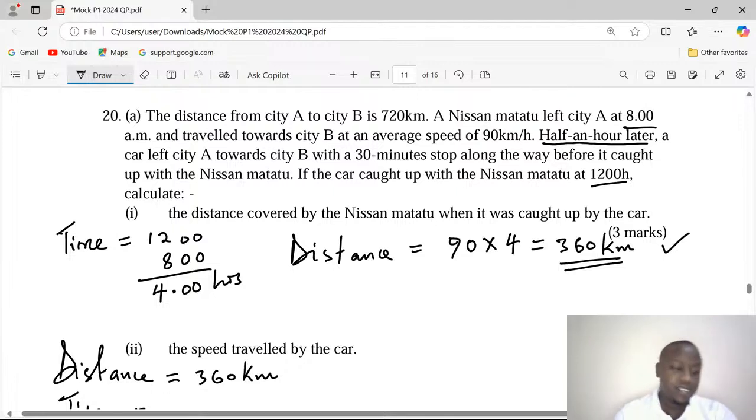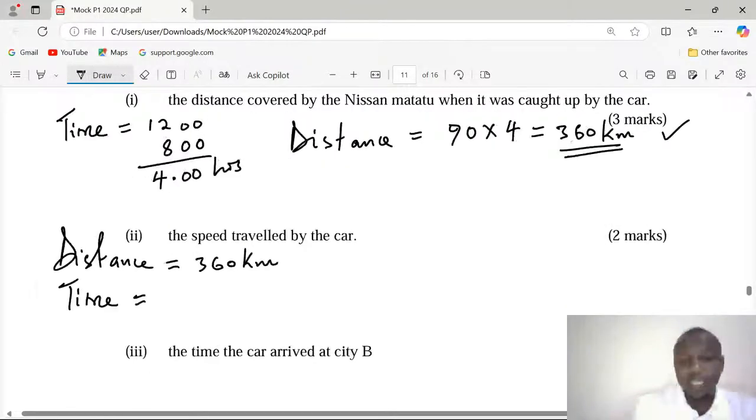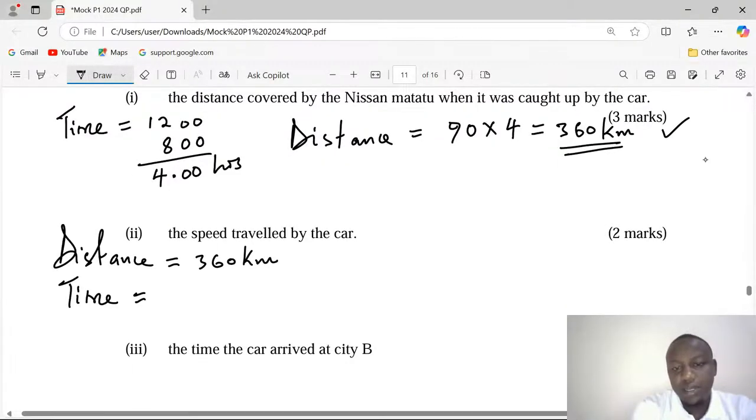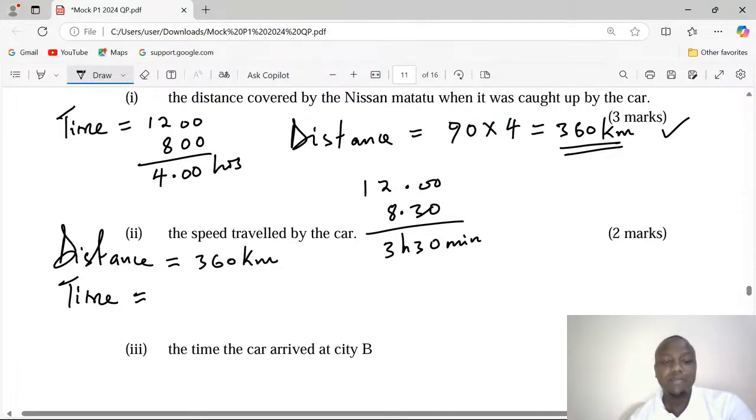exactly 3 hours. So we have to take from 8:30 all the way to 12. We subtract here, we get 3 hours and 30 minutes. That is the time it is traveling.